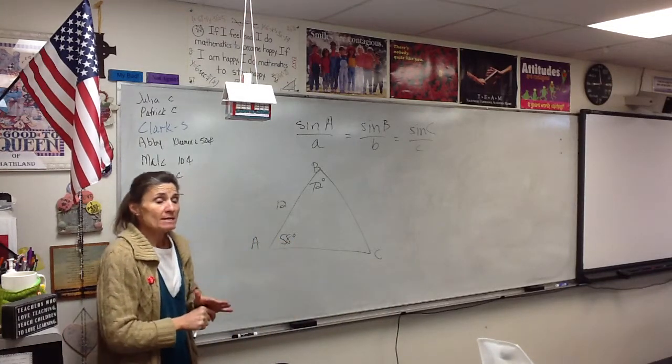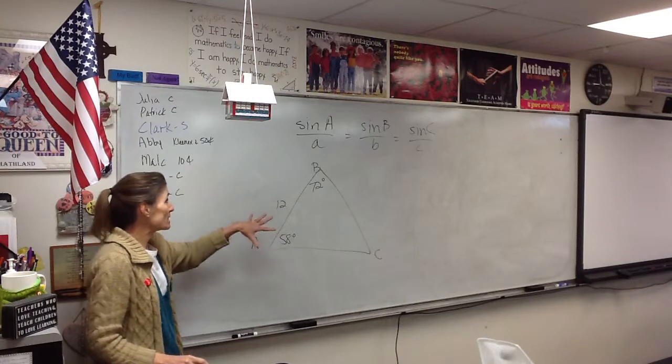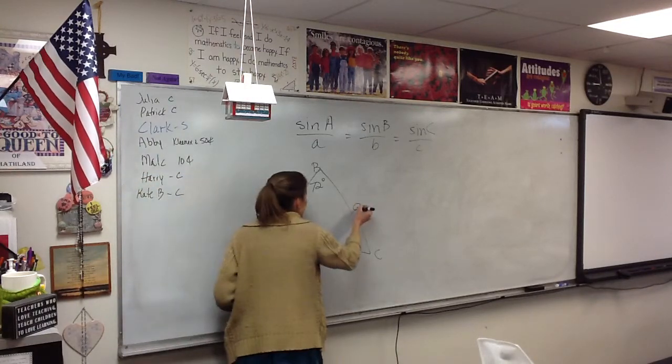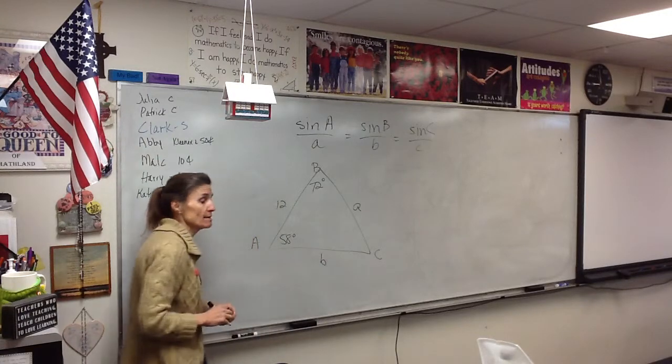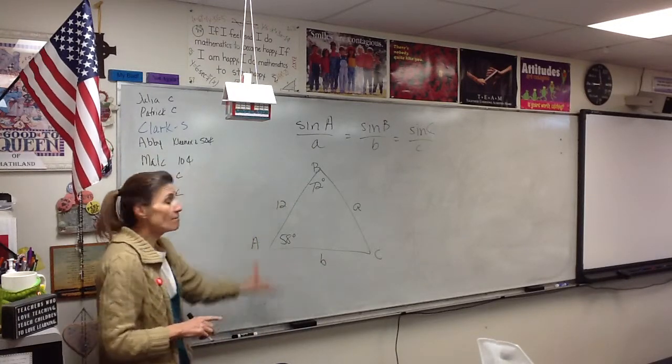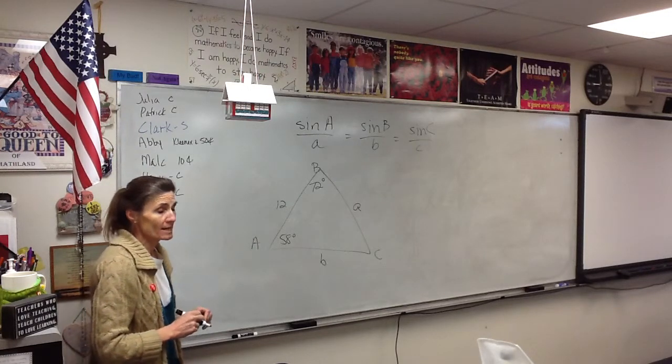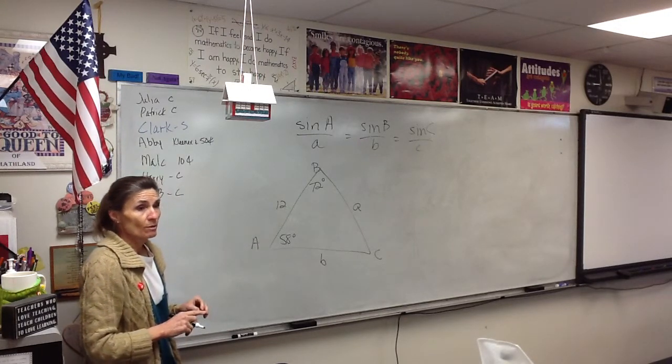Now that means we are going to find everything we don't know. So we need side B, we need side A, and we need angle C. Of those pieces, one of them is a no-brainer. You do not need the law of sines to find one of those pieces.